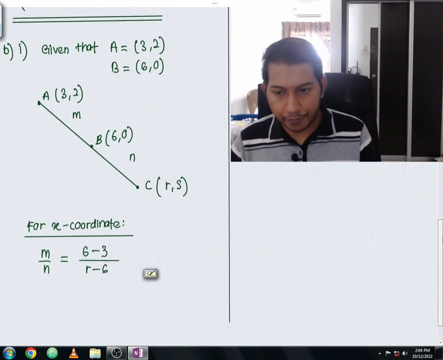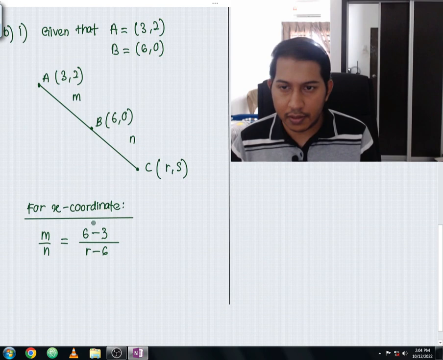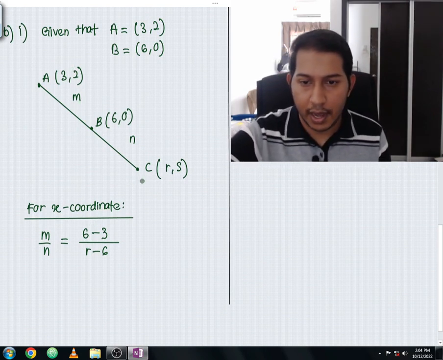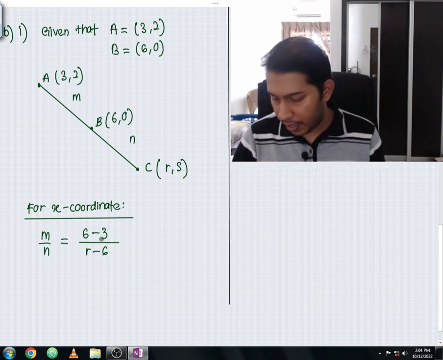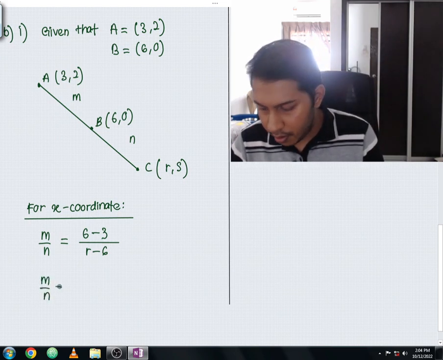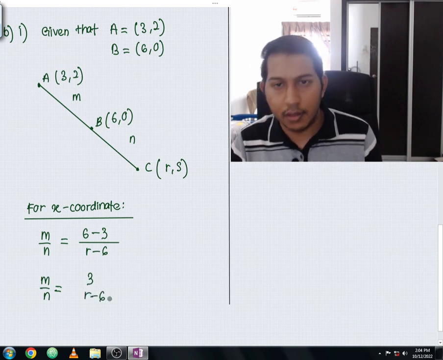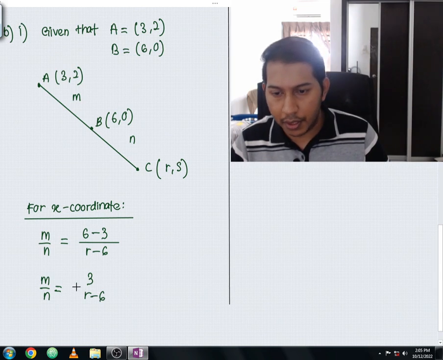So M over N is equal to 6 minus 3, representing the ratio M, and R minus 6 representing the ratio N respectively. So M over N is equal to 3 over R minus 6. Let me underline the fraction over here.